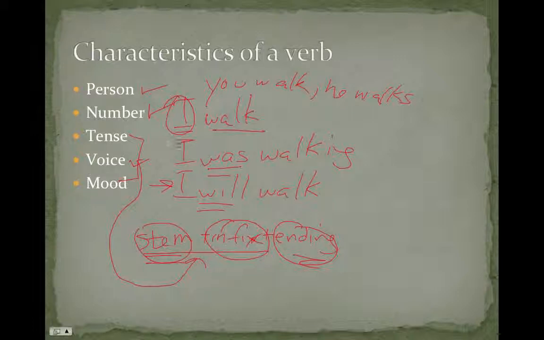So the thing to take away here is that person, number, and voice are determined by the ending, and the tense and mood are determined by the stem and the infix. We don't need to use a pronoun and a tense marker and the verb. We just have one verb form.